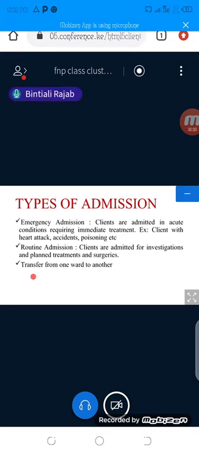Of course, you will do all the other processes, but it might not be logical for you to start introducing this client to the other patients in the ward when the patient is in acute condition. No. This is a patient you first stabilize. You take care of the immediate problems.